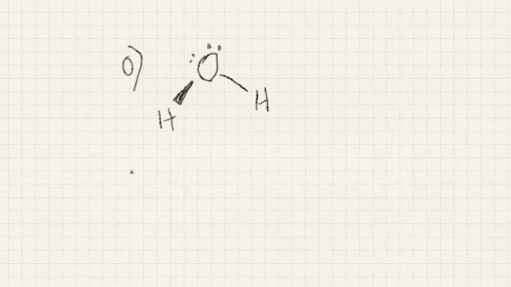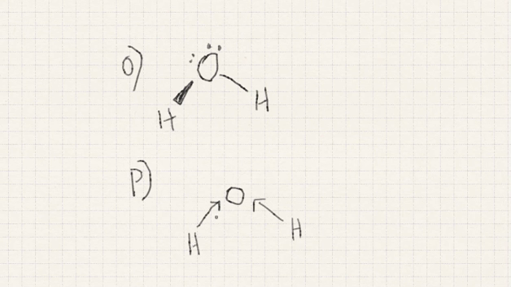So for part P, to draw the dipoles, dipoles are always drawn with the arrow towards the more electronegative atom. So in these 2 bonds, the O is more electronegative than the H's, right? The H's are 2.2, whereas the oxygens are 3.5.